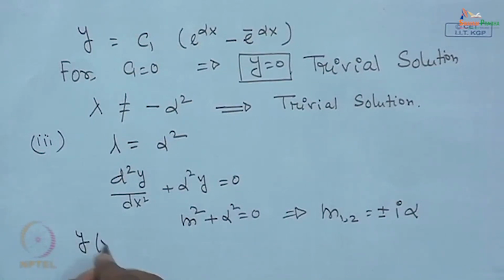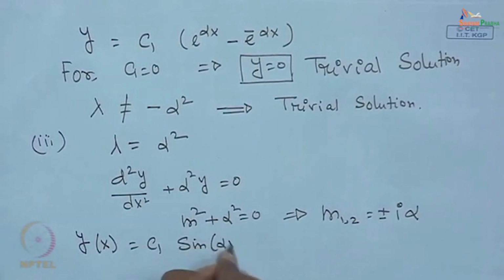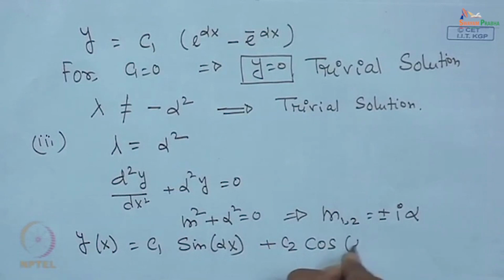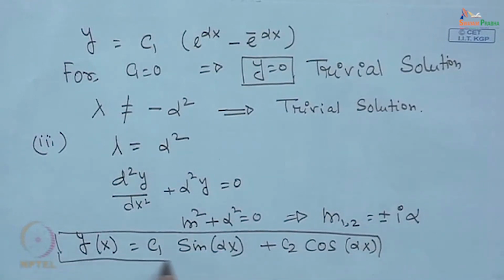So y is equal to C 1 sin alpha x plus C 2 cosine alpha x is the solution to this problem. Now, we apply both the boundary conditions to evaluate the constants C 1 and C 2.